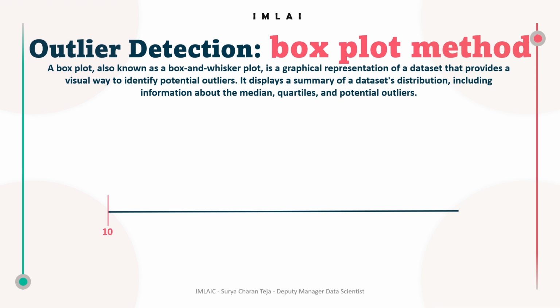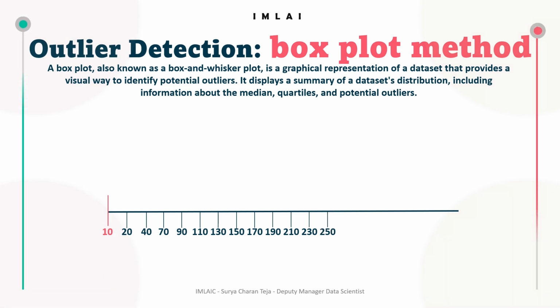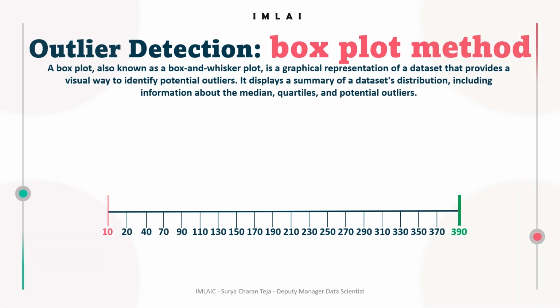This is my minimum value, then it goes on to 20, 30, and higher, all in ascending order. It starts with a minimum value of 10 and ends with a maximum value of 390. These are my overall data points.